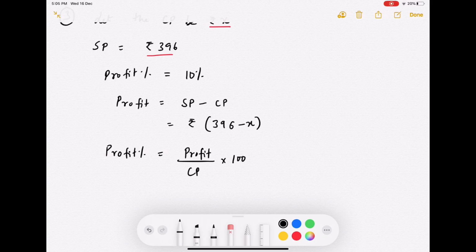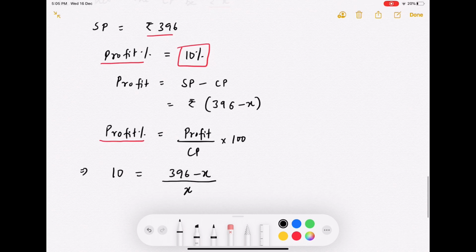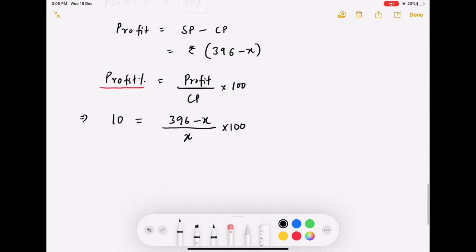So can I substitute our values now? Profit percent is given as 10%. So 10 is equal to our profit, which is 396 minus x, divided by our cost price, which is again unknown, x, into 100. This is our equation. If we solve for x, we will get our answer.